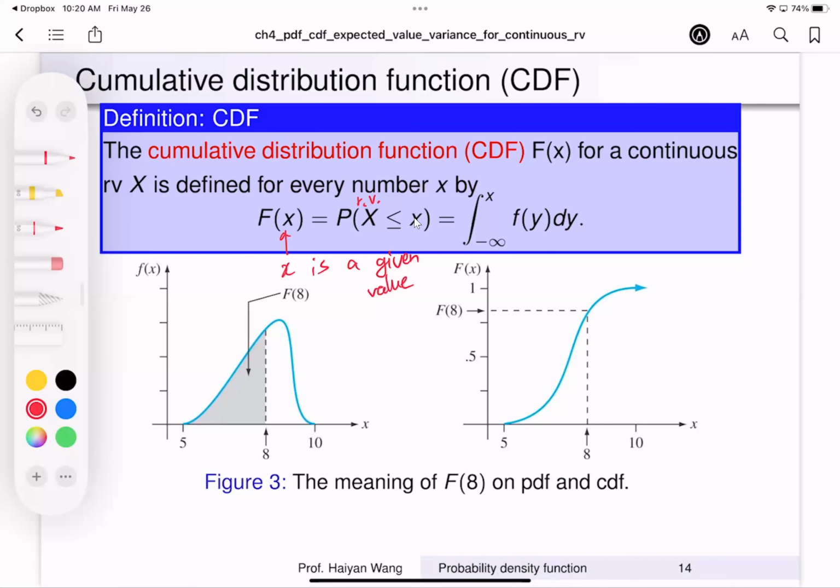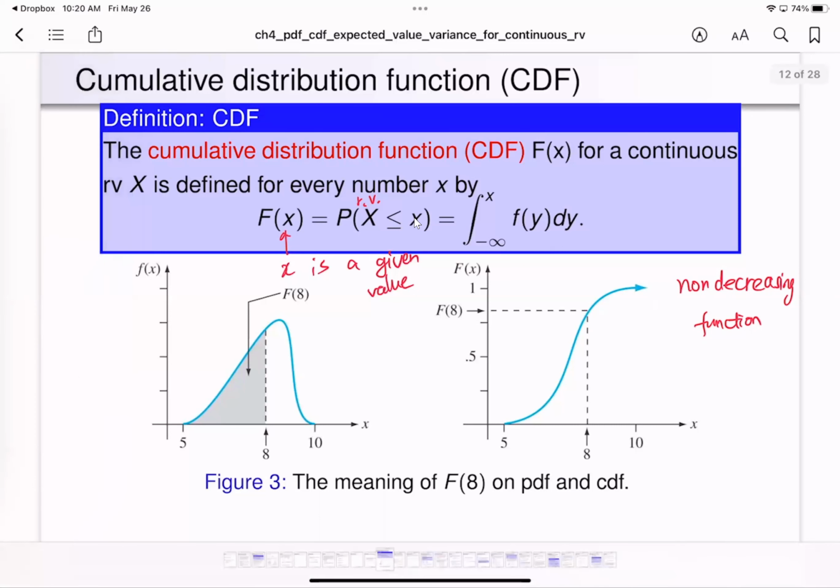It will never decrease, so it is always a non-decreasing function. I'm saying non-decreasing because there may be some points where no probability is assigned to those x. In that case, the CDF will be a horizontal line there. That's the CDF.